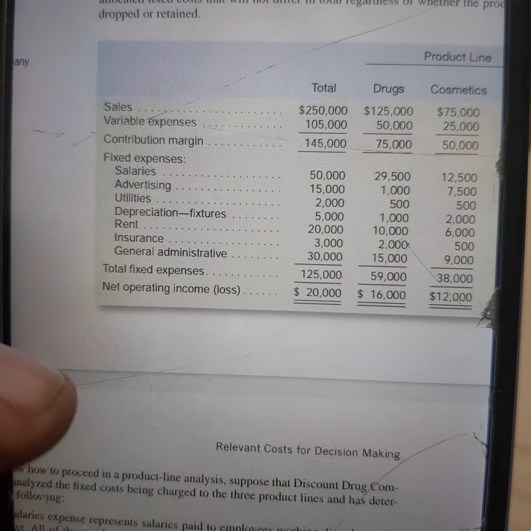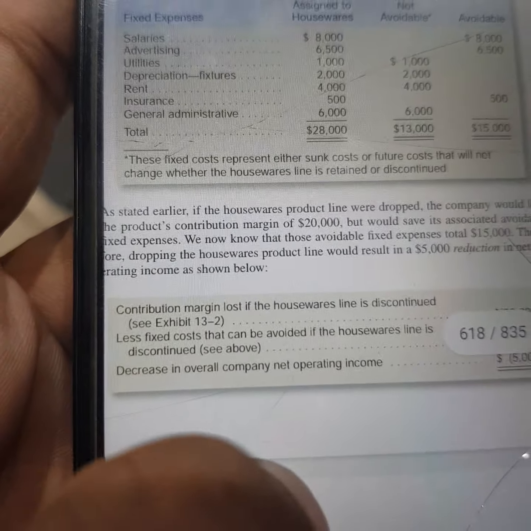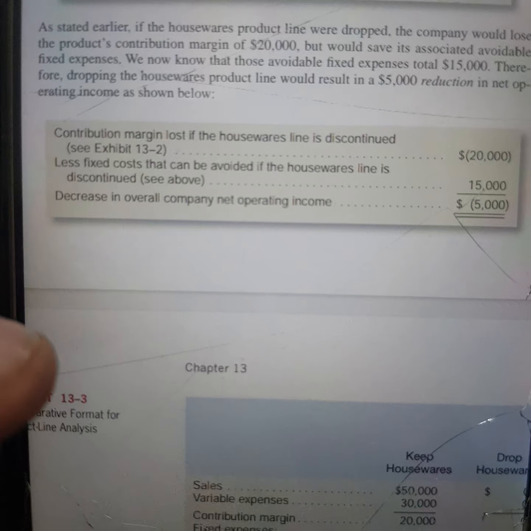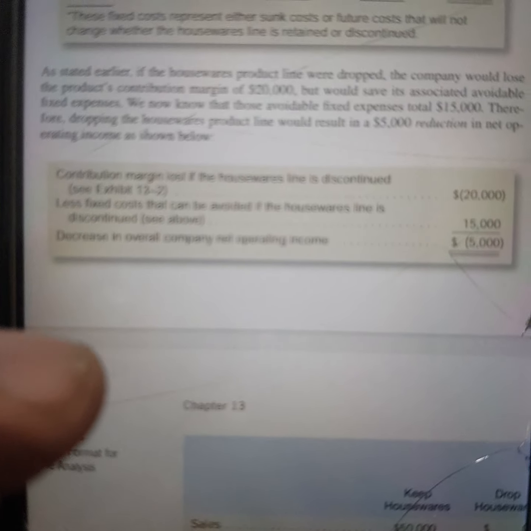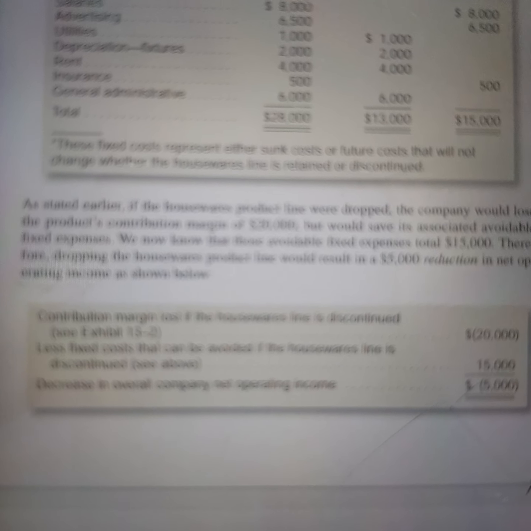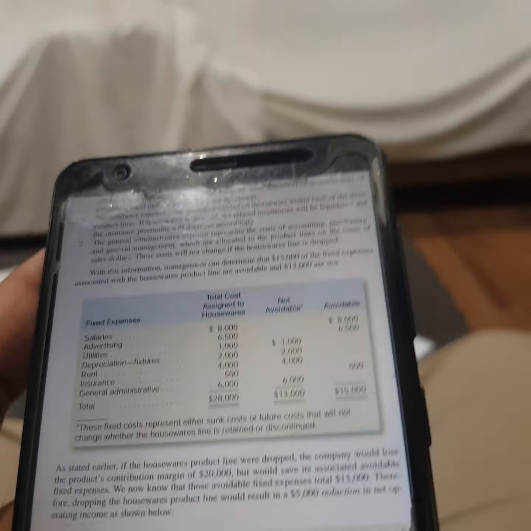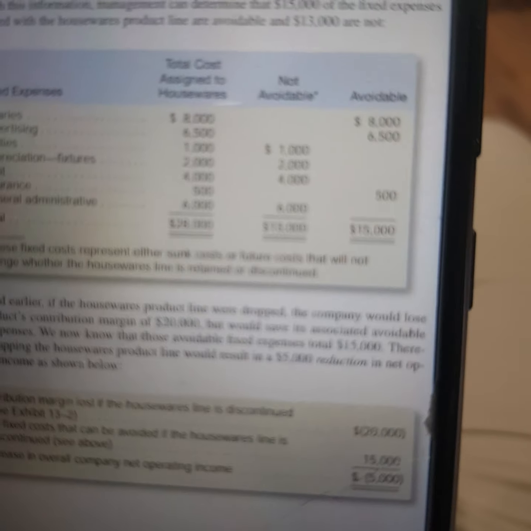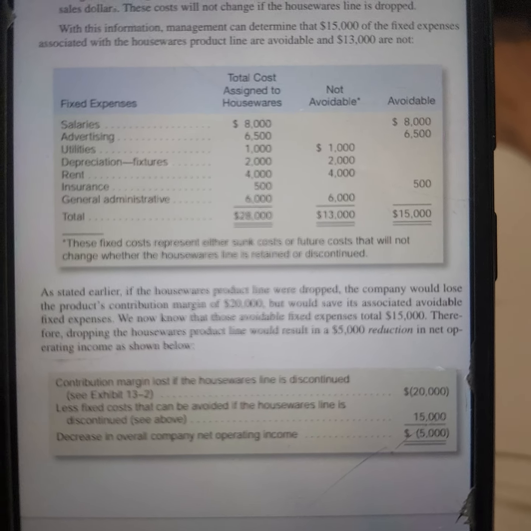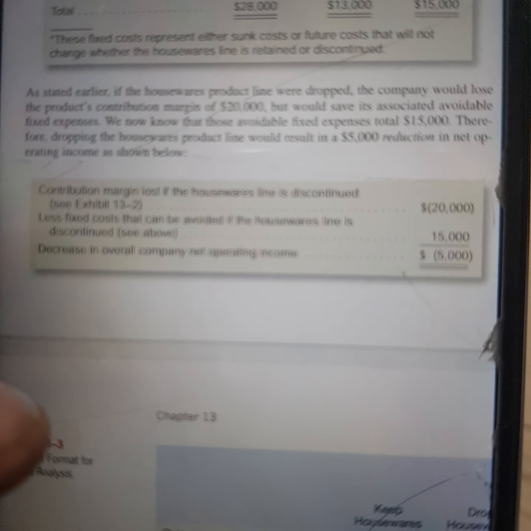If we deduct the avoidable fixed expenses amounting to 15,000 from the contribution margin of 20,000, then the decrease in overall company net operating income will be 5,000.